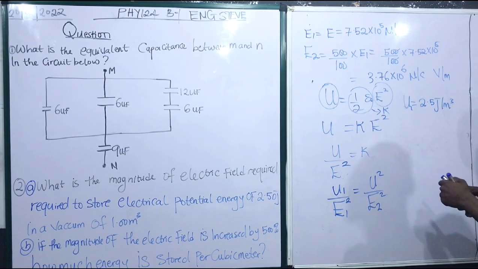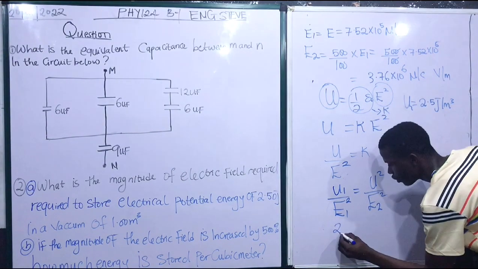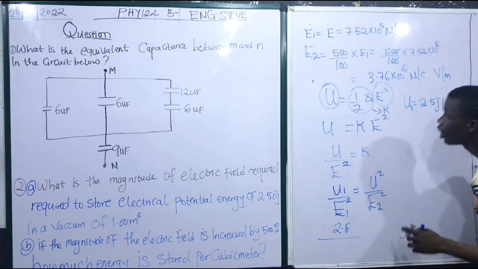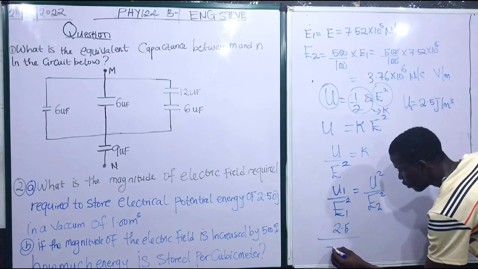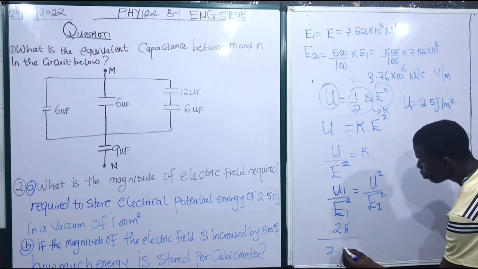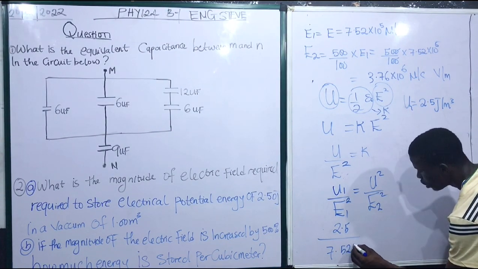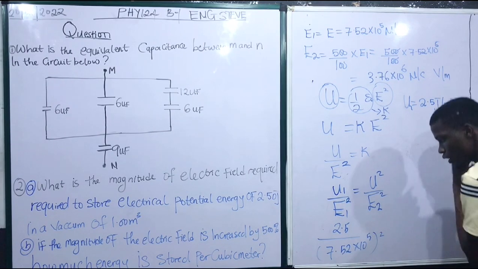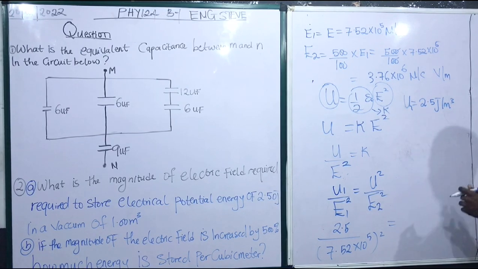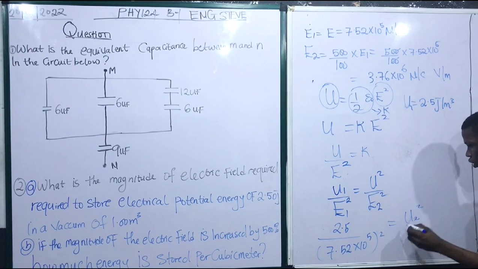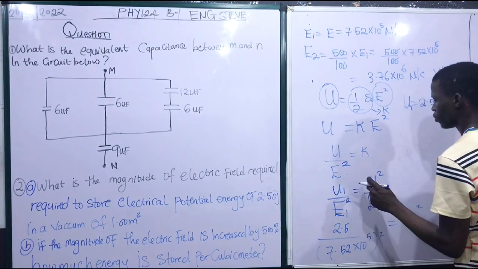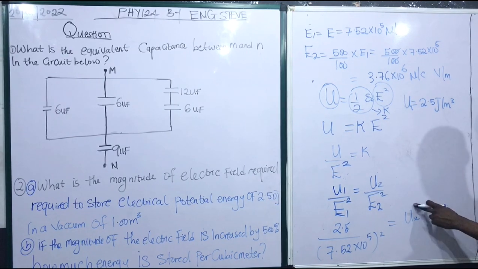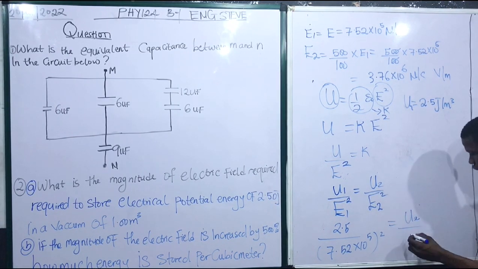So if I place our U1, 2.5, divided by our E1 squared, our E1 was this 7.52 times 10 raised to power 5 all squared, is equal to our U2, which is what we are looking for, divided by our E2 square.